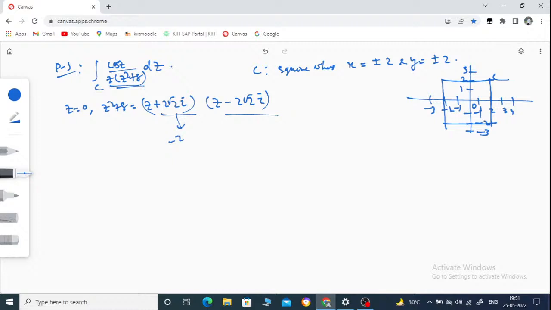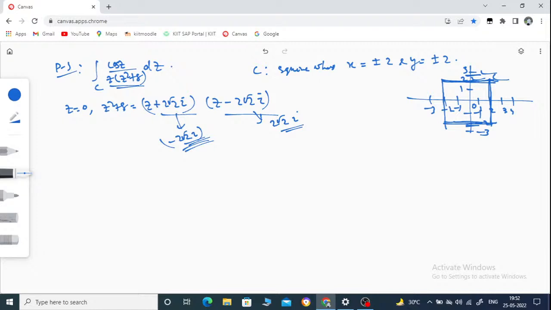So z naught will be minus 2 root 2 i, and similarly z naught will be 2 root 2 i. All these points are lying outside of this curve C, because in this curve C it is up to 2 on the imaginary axis, and 2 root 2 is more than 2, so this will be outside C. Similarly minus 2 root 2 i will also be outside C, somewhere here.